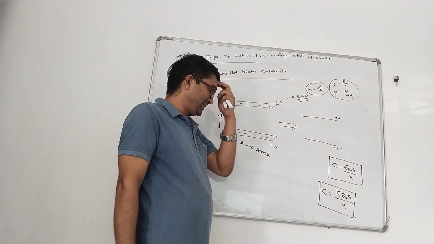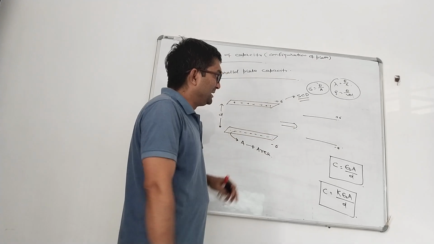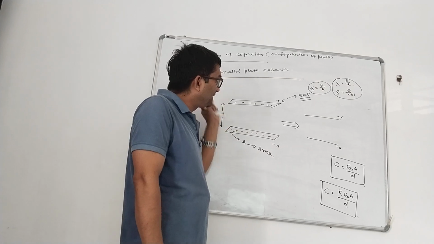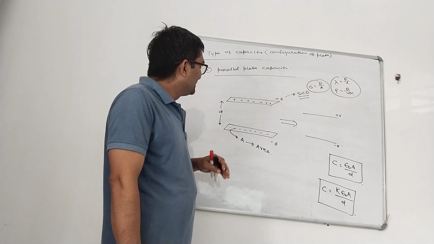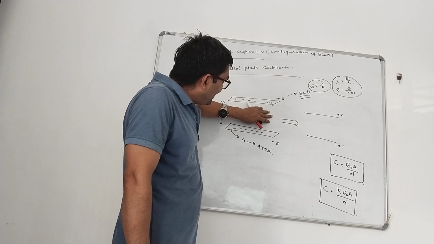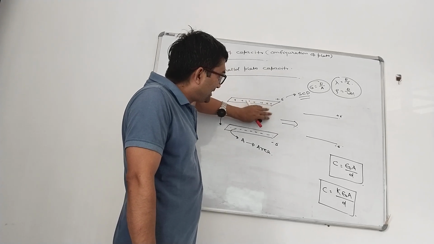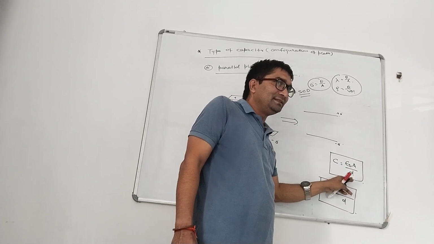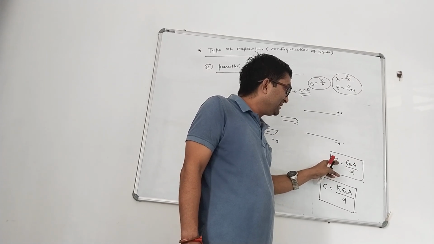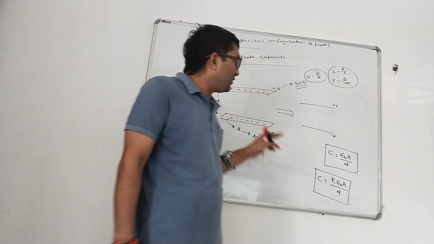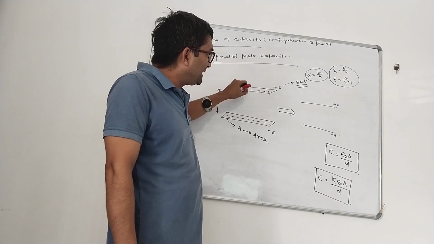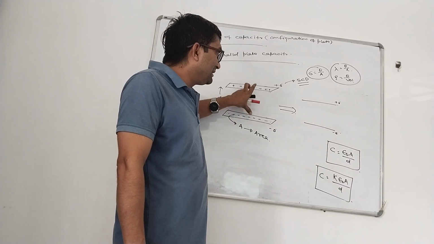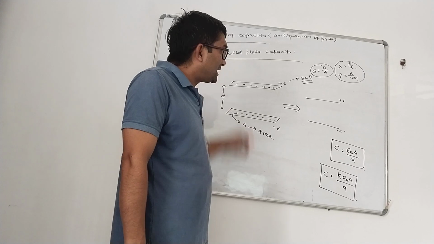Again I will discuss the parallel plate capacitor and its derivation. But first, everyone should keep in mind, because this is fundamental, that the capacitance of this parallel plate capacitor is epsilon naught A upon d. Basically, as I have already discussed, a capacitor is used to create a constant electric field inside it, to maintain oscillation in the circuit, and to store charge.